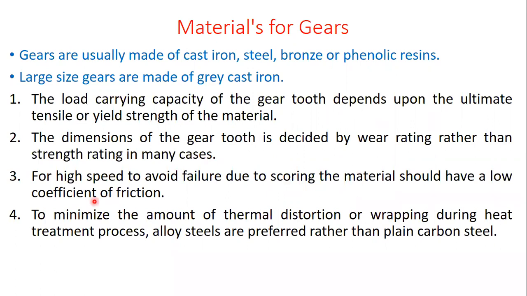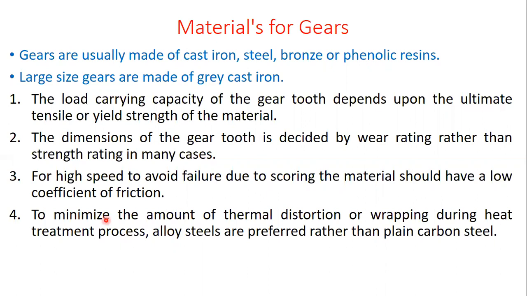If the material has a high coefficient of friction, then because of scoring, or when metal contacts metal, there will be more wear rate. To avoid that, you should have a material which has a low coefficient of friction.